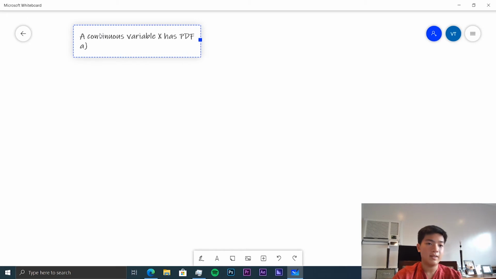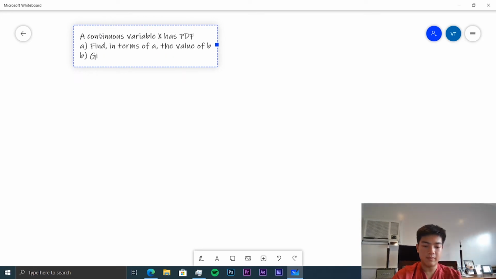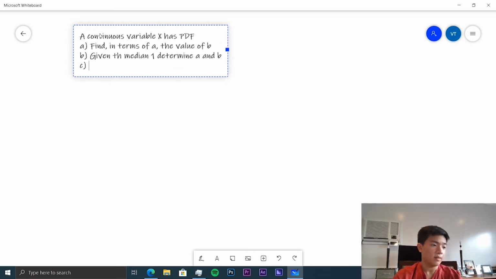So first find, in terms of A, the value of B. Next, given the median is 1, determine A and B. And finally, find the values of E of x and Var, the variance of x.